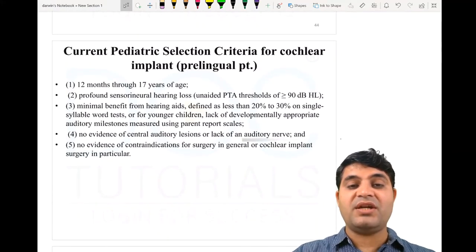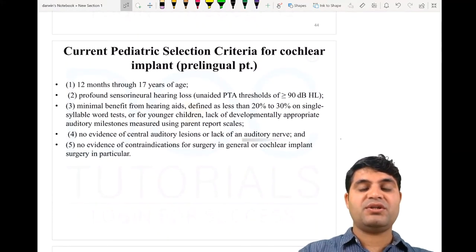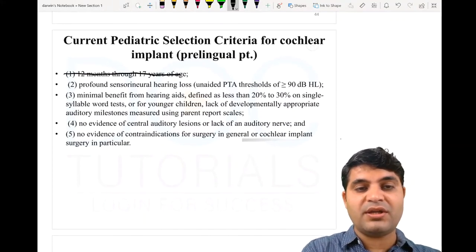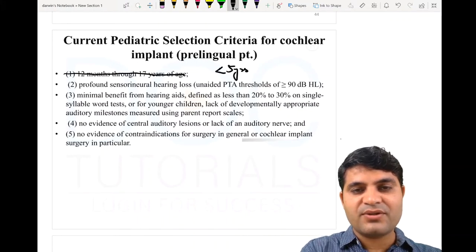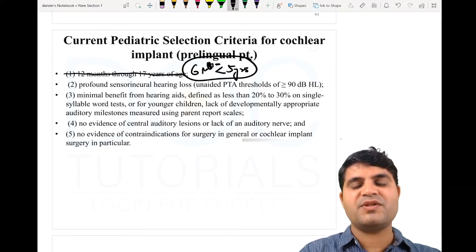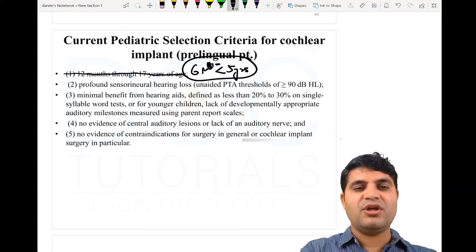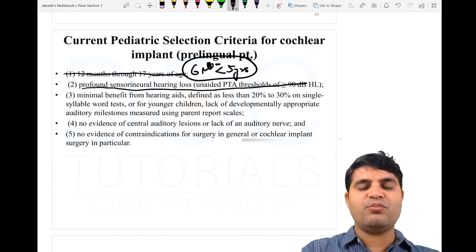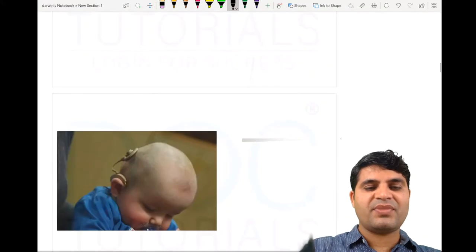Yes. What is the criteria for cochlear implantation? This is the FDA approved criteria, but wrong. So it is less than 5 years, that means 6 months to 5 years age group, with severe to profound sensorineural hearing loss. In fact, I would modify this slide.